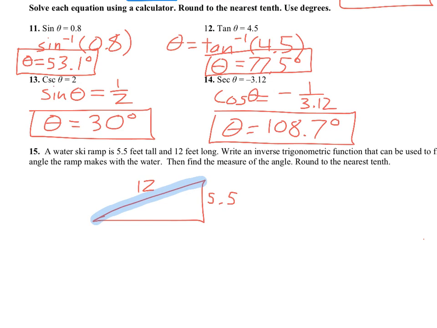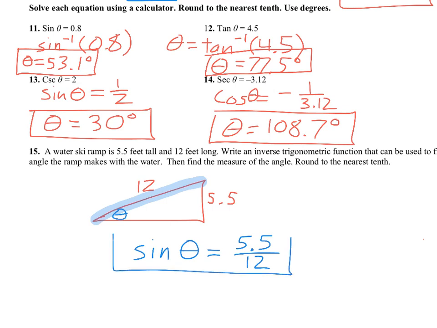Alright, so we want a trig function to find the angle the ramp makes with the water. So that would be the angle in the bottom left of that triangle. Okay, so we have the hypotenuse labeled and the opposite labeled, so we're going to use sine. Sine of our angle equals opposite over hypotenuse. So this is the answer to the first question.